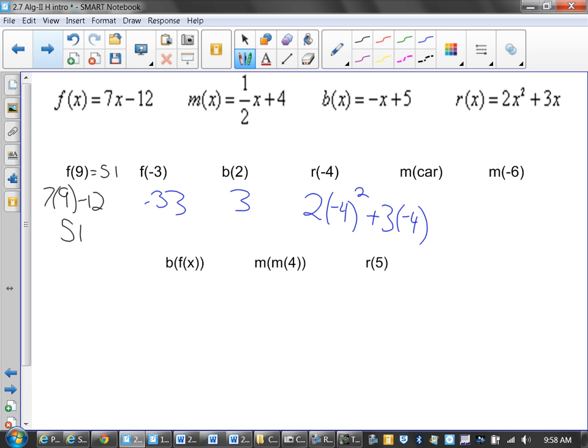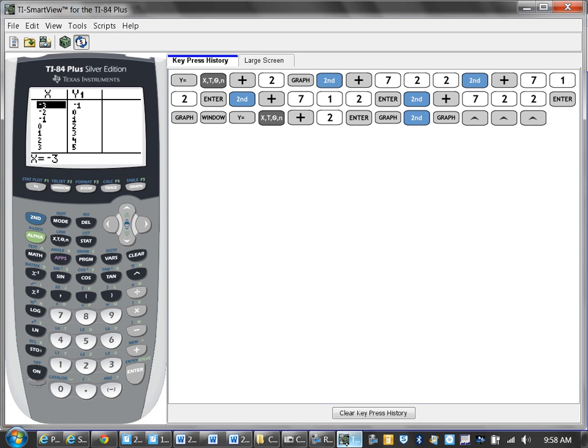Now, here's where I would make sure that sometimes it's not a bad idea to use the table function. I know how you guys think sometimes, and I know that sometimes you forget to put parentheses around negatives in calculators. One way to completely alleviate that from happening is to use your y equals button.